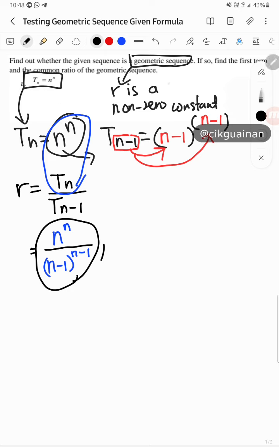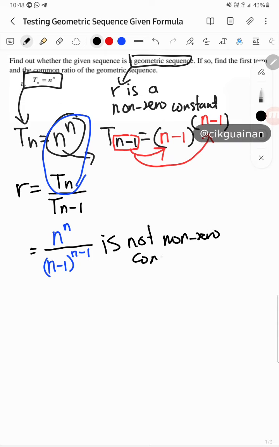So it doesn't obey the condition of a geometric sequence, which is that it must be a non-zero constant. So this big expression is not a non-zero constant. It's not even a constant.